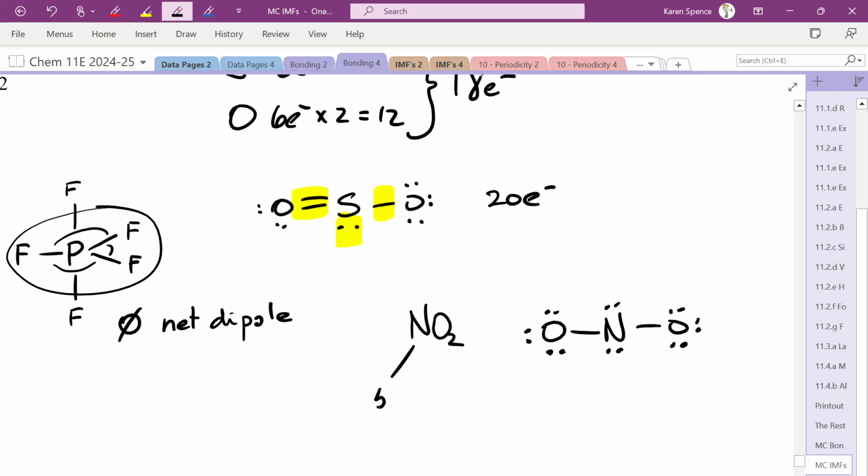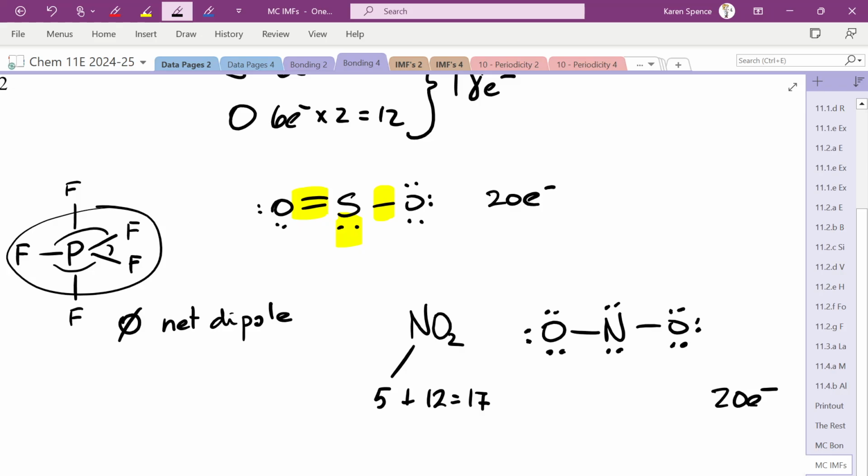So we have 5 and 12 is 17. So we say, okay, I'm only allowed to have 17, and I have 20 electrons over here. So I need to get rid of 3 electrons from my central atom.